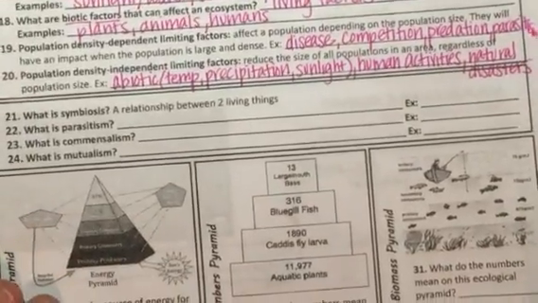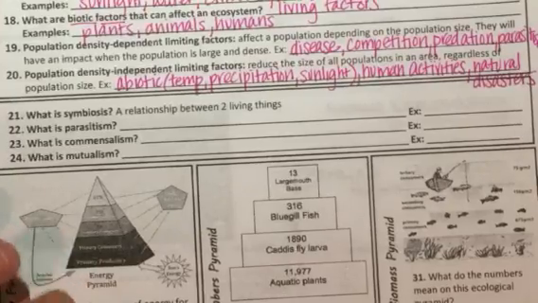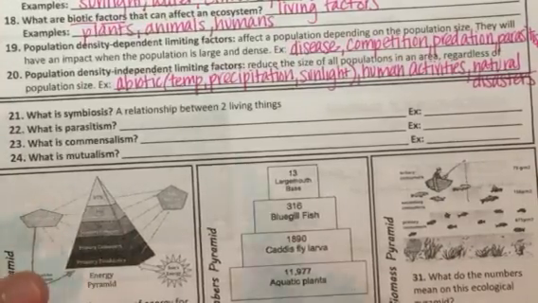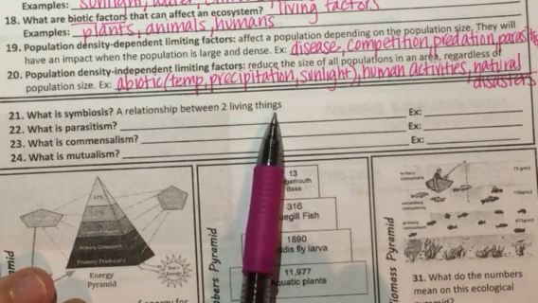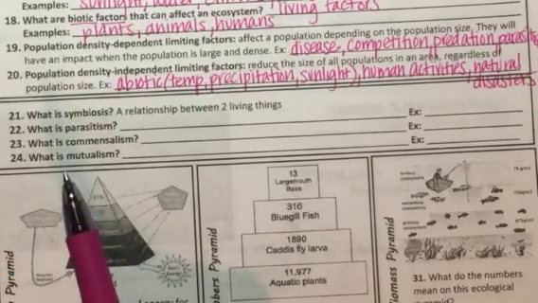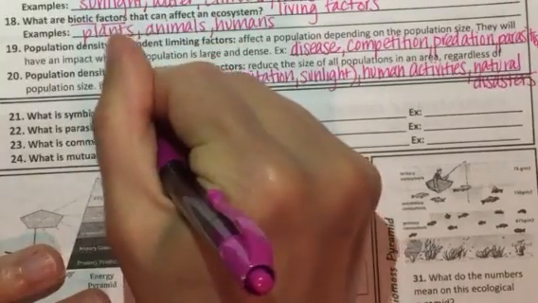All right, we talked a lot about symbiosis when we talked about ecosystems, and that is the relationship between two living things. Parasitism is one where one organism benefits and the other one is harmed. There were lots of examples of this.